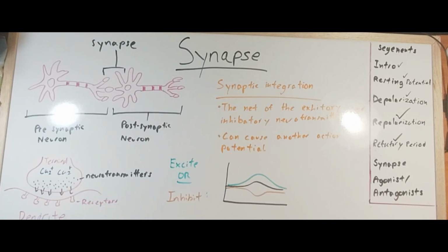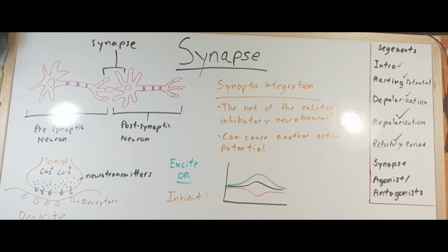Once those vesicles reach the membrane, they combine with the membrane and cause exocytosis, and those neurotransmitters are released into the synaptic cleft, diffuse, and bind with receptors on the membrane of the postsynaptic neuron. And those neurotransmitters can excite or inhibit the postsynaptic neuron.